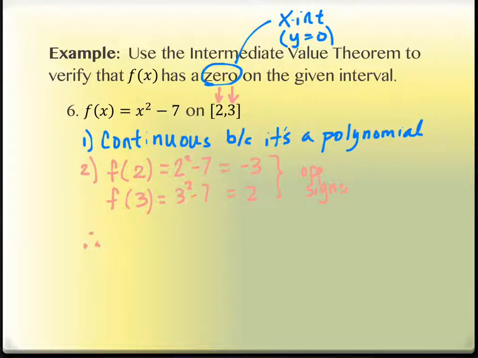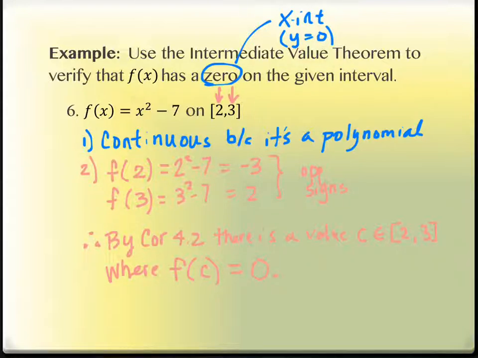Sometimes you'll see these 3 marks right here, and this is read "therefore." Therefore, now I have a conclusion I can state. My conclusion is, by the intermediate value theorem, or you could say by corollary 4.2, whichever one, there is a value C between 2 and 3, not A and B, since we've actually got 2 and 3 in our problem, where f of C, that is that y value, equals 0.